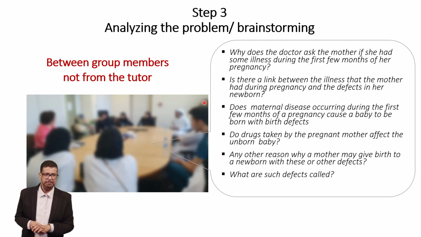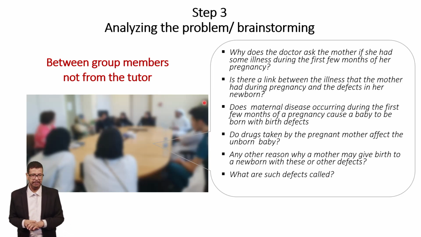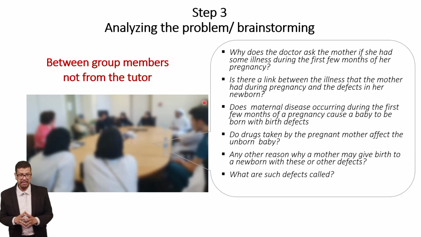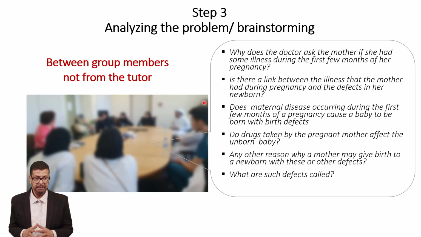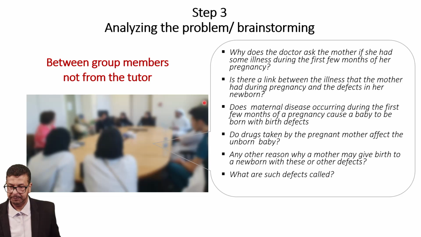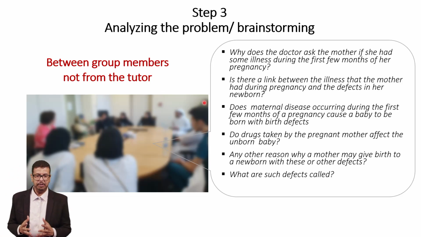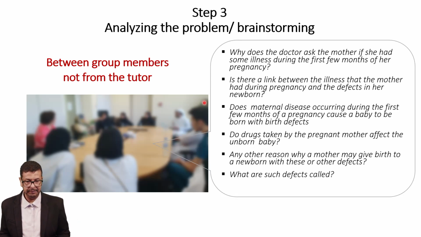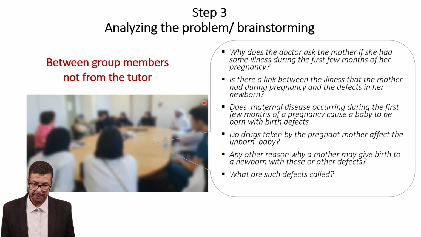Is there any link between the illness the mother had during pregnancy and the defect of the newborn? Does maternal disease during the first few months of pregnancy cause a baby to be born with a birth defect? Do drugs taken during pregnancy affect the fetus inside the uterus? Is it a problem if the drugs are taken during the first few months of pregnancy or at the end of pregnancy?